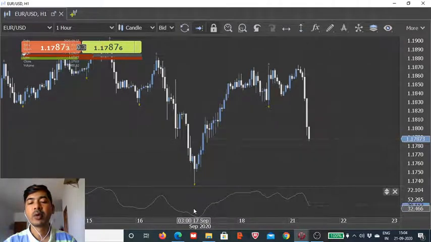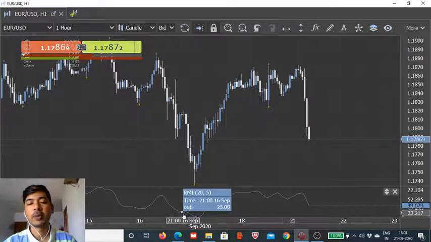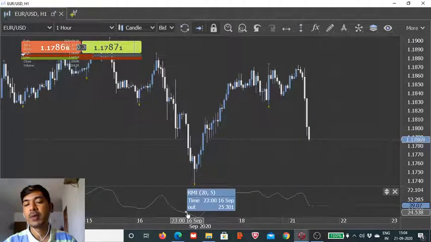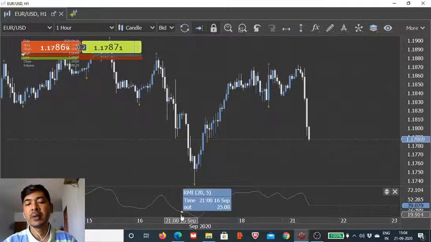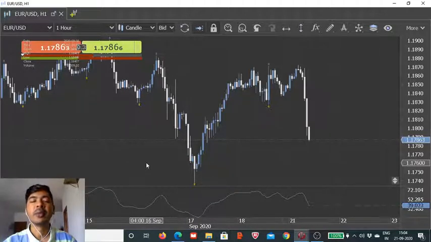And similarly for the sell trade, whenever value drops below 30 after having stayed above 30 for considerable time, we can take that as a kind of marker that the price pressure is on the lower side, and this is the time to get involved for the fresh short sell trade. So we can trade it that way also.